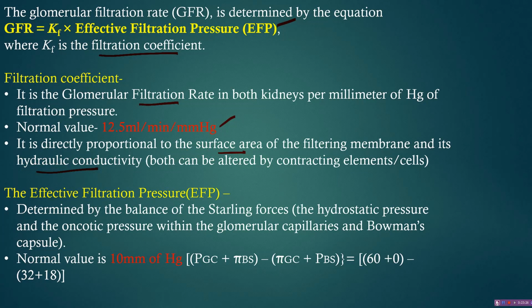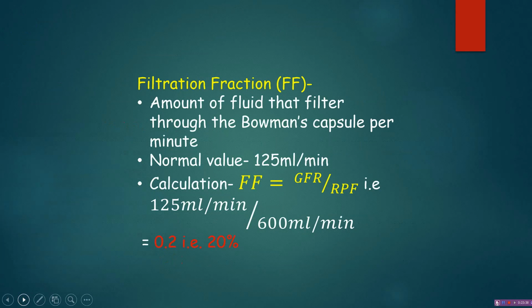Second is the effective filtration pressure. We have already seen it comes to 10 millimeter of mercury. The formula has already been shown. It is determined by the balance of the Starling forces. The third thing we have to know is the filtration fraction. By formula, it is the GFR divided by the renal plasma flow.